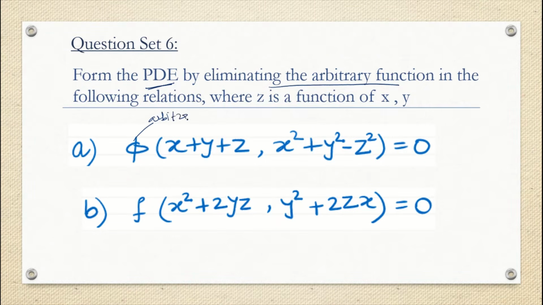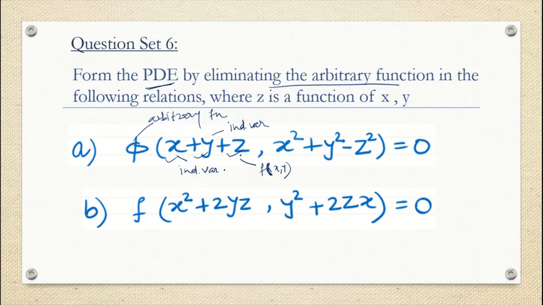So phi is the arbitrary function, x is an independent variable, y is also an independent variable, and z is a function of x, y. So z is nothing but f(x, y). So x, y, z are all okay; we have seen these in previous classes also.